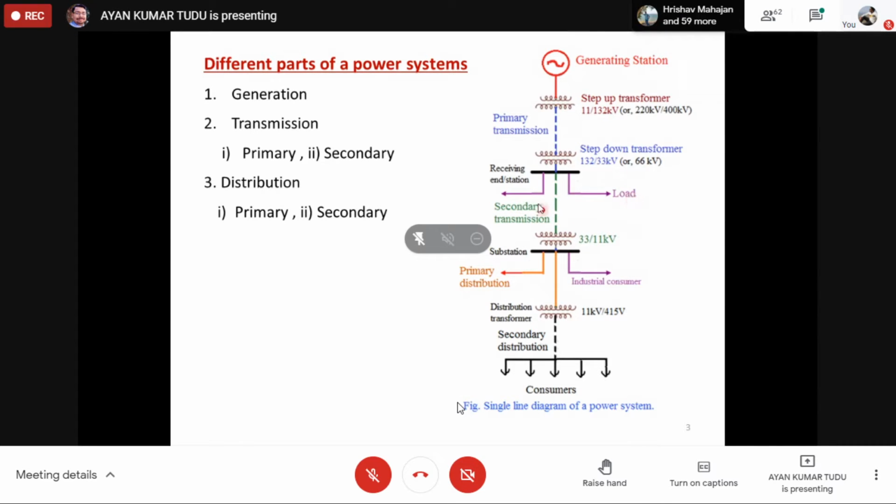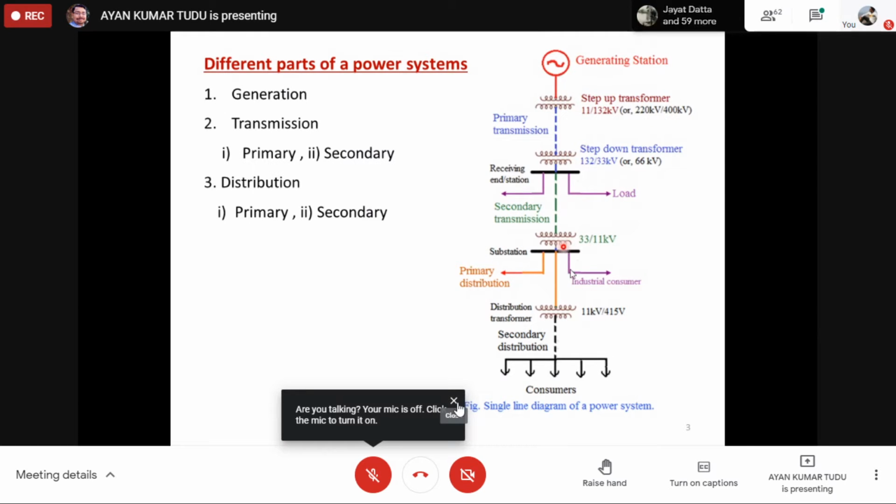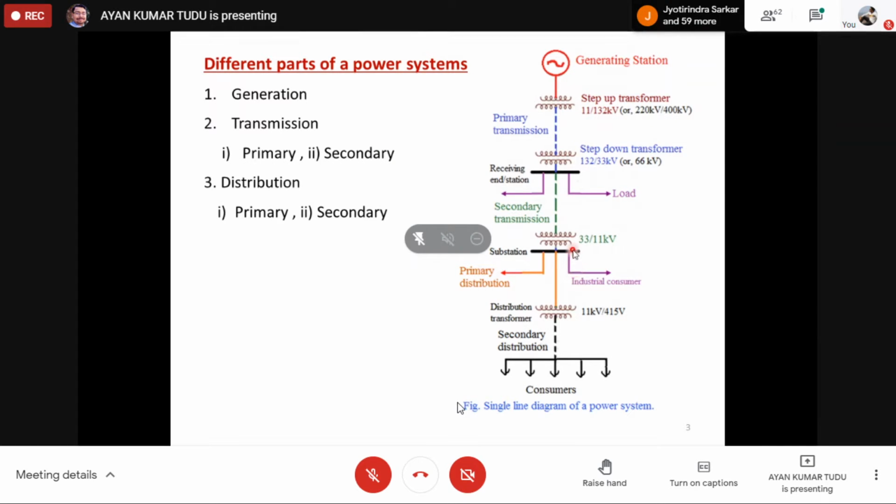So feeder lines at this voltage are taken out in different directions. Okay, this is called our sub transmission or secondary transmission system. On reaching the load centers, they are further stepped down to 11 kV, as you can see, from the 33 to 11 kV level.